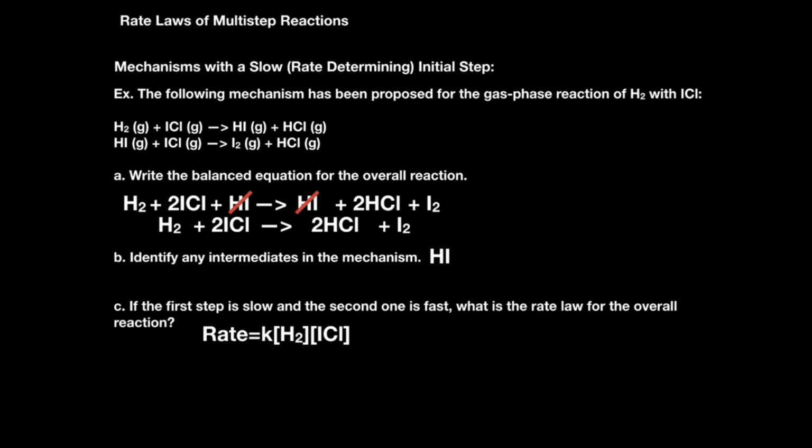So if you know your elementary steps, and you know that your first step is your rate determining step or your slow step, this is really easy. You just use your stoichiometry. Please keep in mind that you cannot do this unless you have your elementary steps and the first step is the slow step. If you're given the overall reaction, you have to use experimental data in order to determine the rate law.